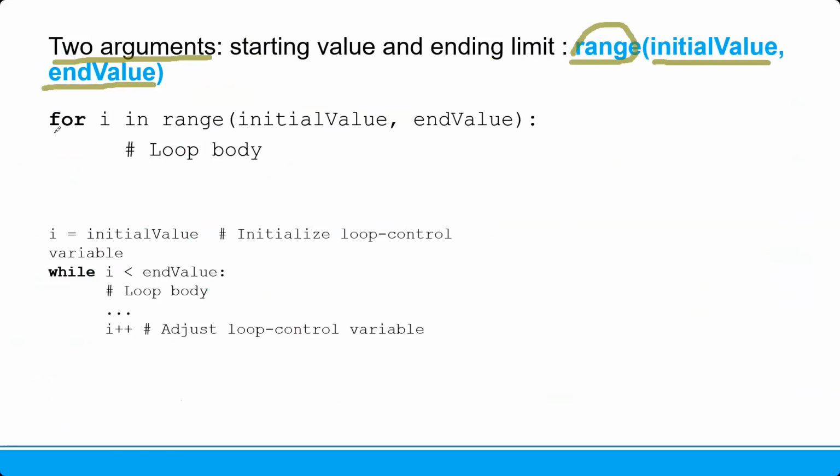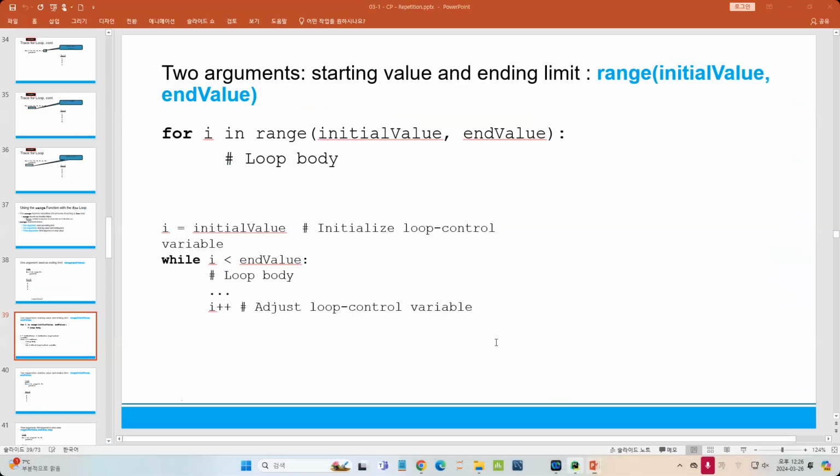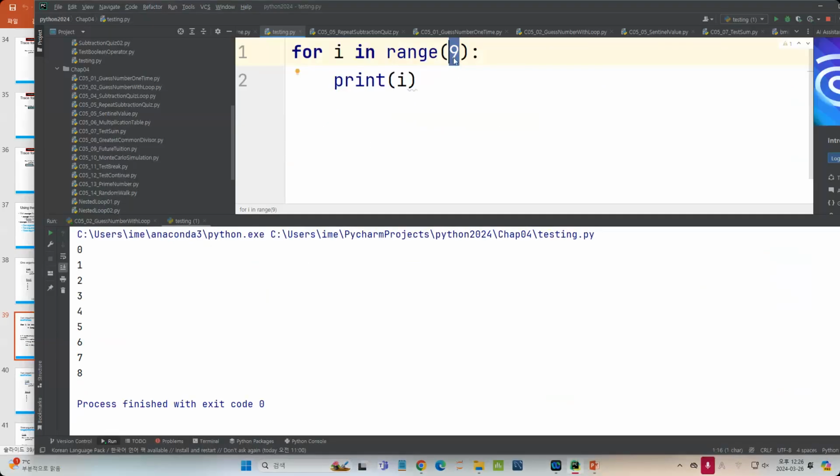For example, for I in range, initial value and end value. Let's see. So I have a number from 2 until 9. So I have two arguments. The first argument is the starting number, and the second argument is the ending number.